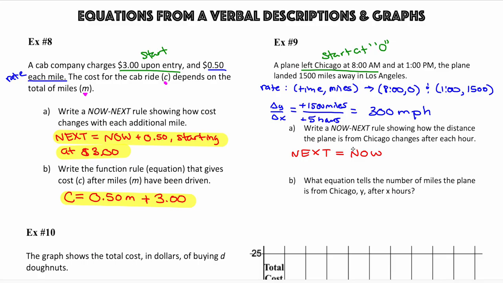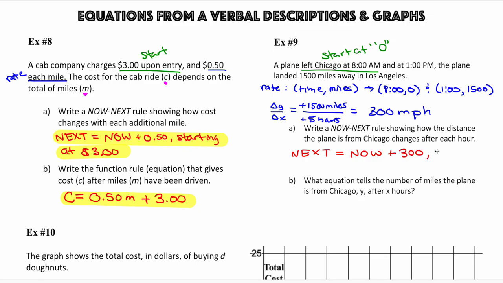So whatever we're at right now, the distance is changing. Every hour, it will change by 300 miles because it was 300 miles per 1 hour. So whatever we're at now, we're going to add 300 miles.